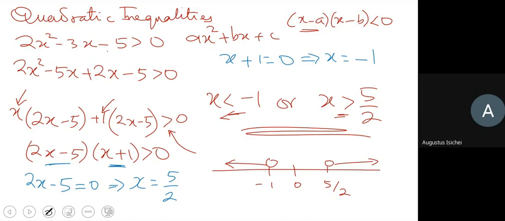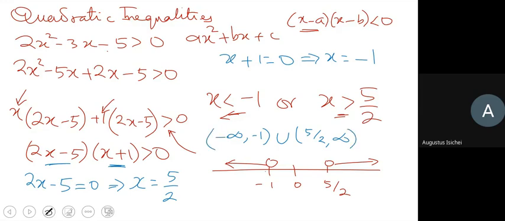To express it in interval notation, this is the answer. It's going to be open bracket minus infinity comma minus 1 close bracket, union, open bracket 5 over 2 comma infinity. The first one is minus infinity, then infinity.